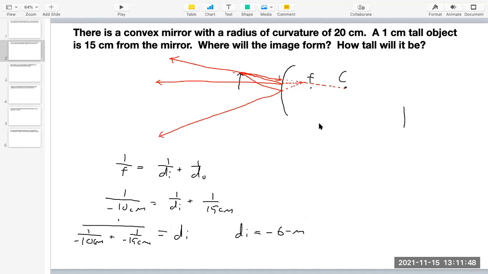So the negative sign is indicating that it is on the other side of the mirror. So it is going to be upright, and 6 is going to look like it's inside the object.